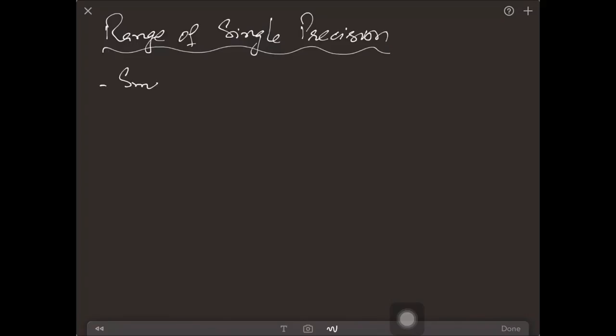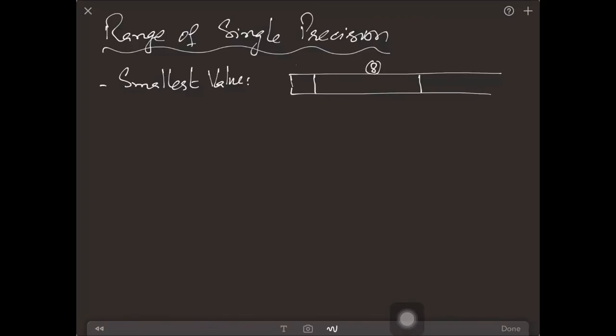Let's first calculate the smallest value. So you have 1 bit for the sign, 8 bits for the exponent stored in excess 127 notation, 23 bits for the fractional part. The sign can be positive or negative, and the exponent is 00000001, and the fractional part is all zeros.